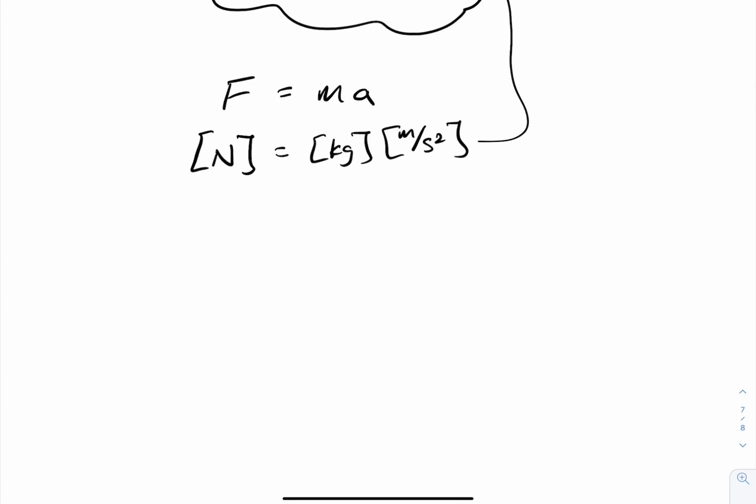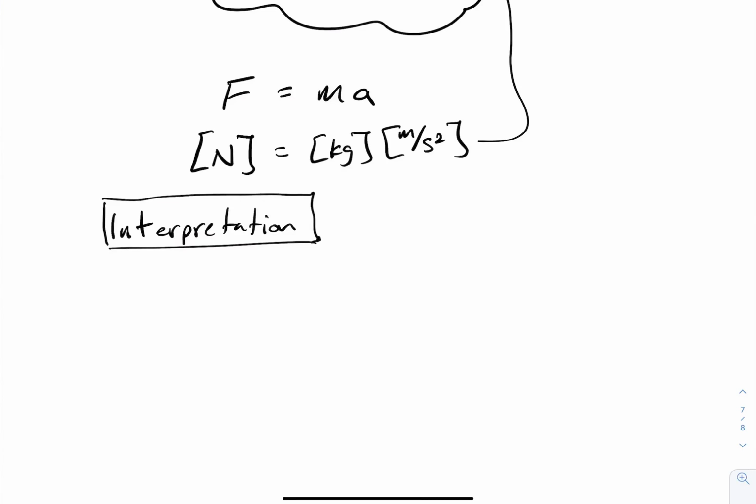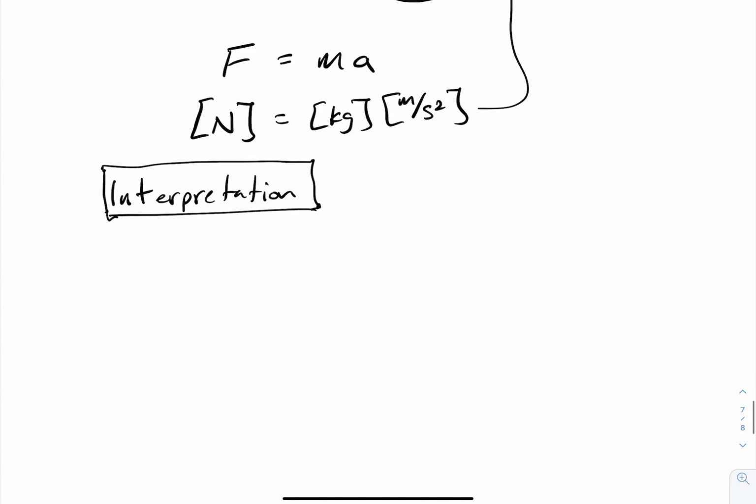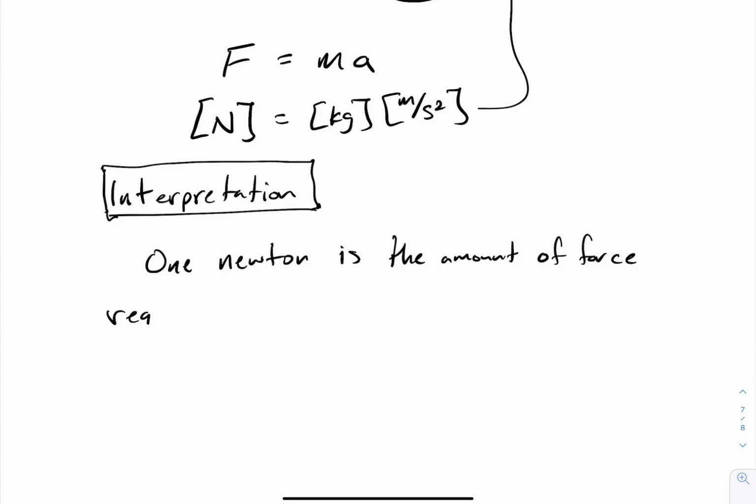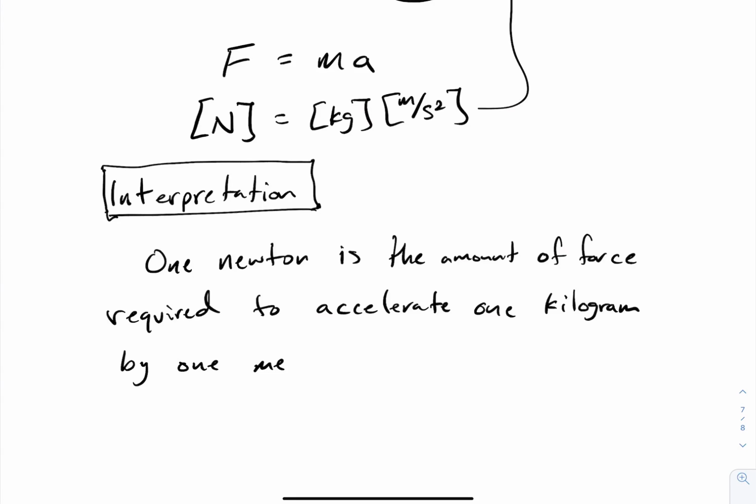Okay, I'd like to also give you an interpretation of this unit, because a kilogram meter per second squared doesn't make much sense, but one way that you can think about that, which I think makes more sense, is that 1 Newton is the amount of force required to accelerate 1 kilogram, so 1 standard kilogram, by 1 meter per second in 1 second.